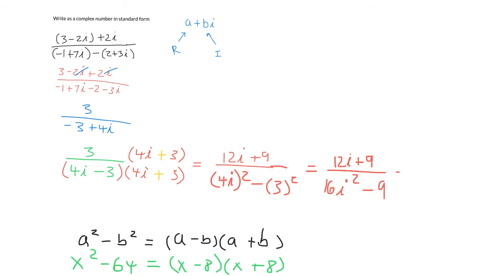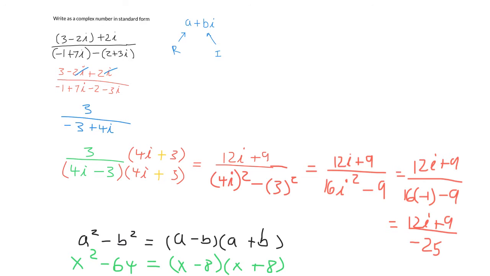And then the question is, well, what is 16i squared? Well, 12i plus 9 is still up top, and that's going to be 16 times negative 1 down below, minus 9. And that's going to become still 12i plus 9 up top, and then we're going to have negative 16 minus 9, which becomes negative 25 down below.